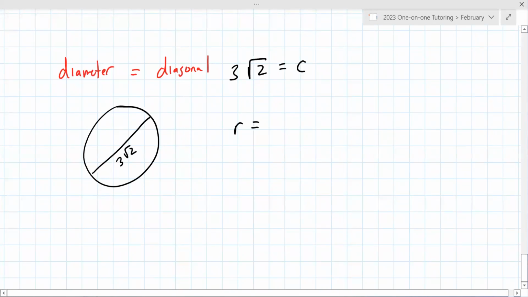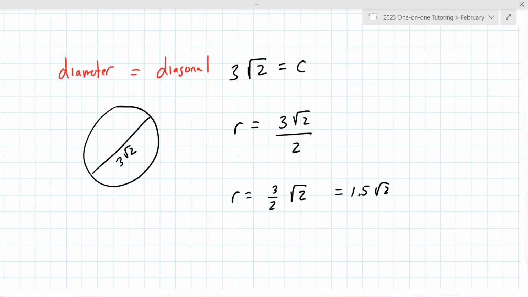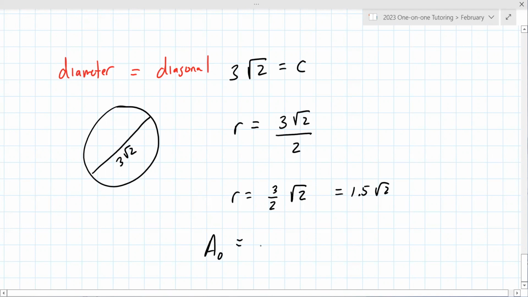So the radius is 3 square root 2 divided by 2, which would be 1.5 square root 2. It's almost better to write it as a fraction still. You can do the 1.5 square root 2, but I would encourage you to use the fractions or do the decimal. Now, the area of a circle is pi r squared.